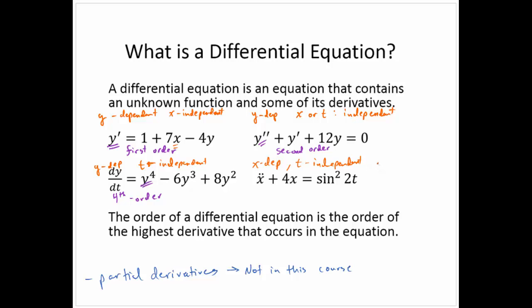And x double dot is equivalent to x prime prime of t. Okay, so that's just another notation. We're not going to use that notation in the rest of this course, but I wanted to at least familiarize you with it. You will definitely see that notation in a true differential equations course. Again, since it's a double dot, this would be a second order differential equation. Okay, so that's just a little bit of the notation, a little bit of the naming of these things.